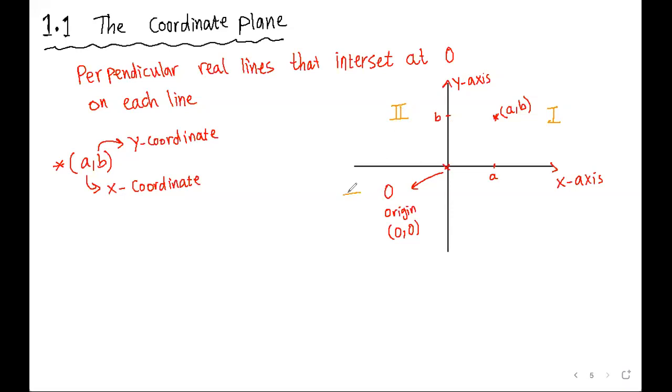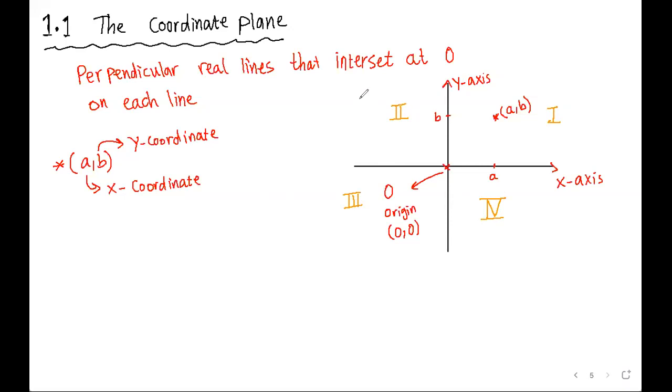This is the third one. This is the fourth quadrant. Okay. This is what you have to know about this section.